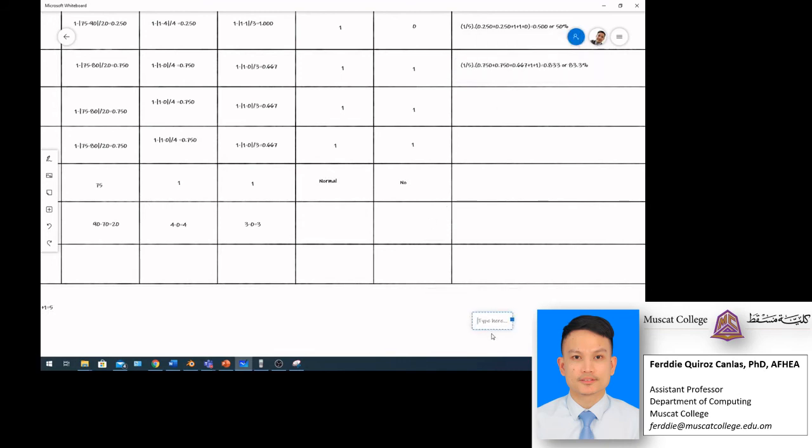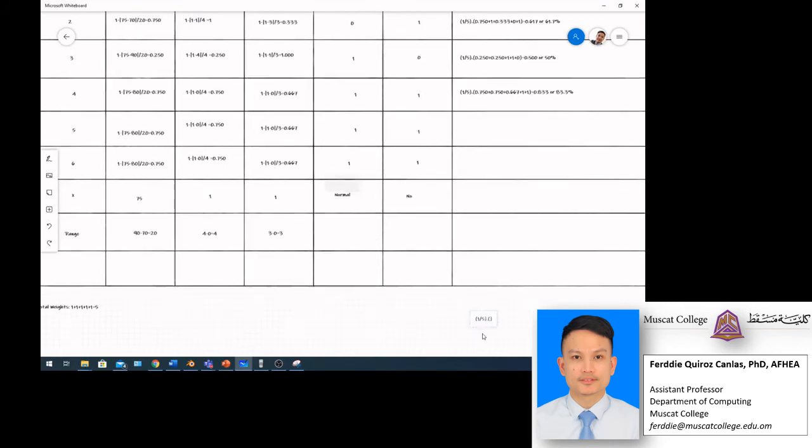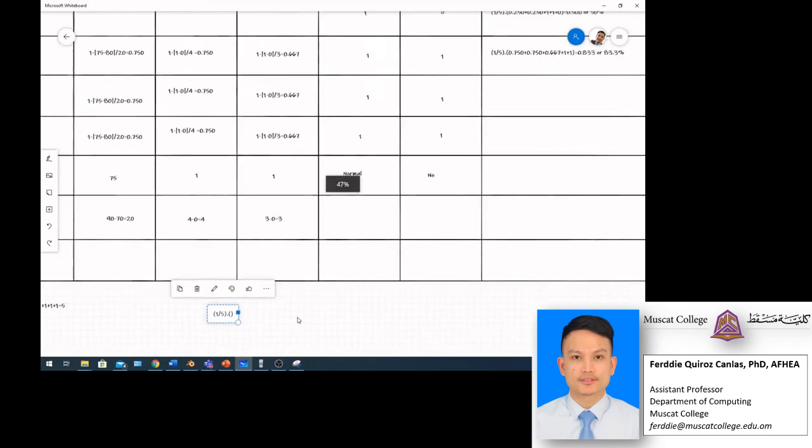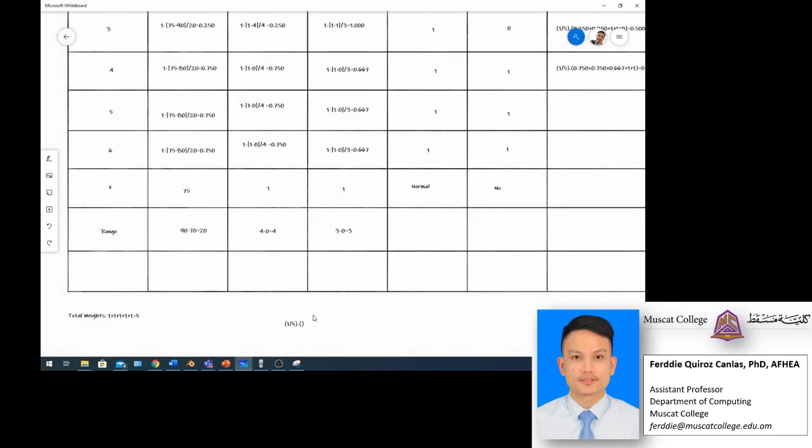Paste here. This again, 1 over 5. Let me just take it in here so that you will see, and later on I'll get it. Patient 4, right? Patient 5, sorry. So we're working with patient 5.